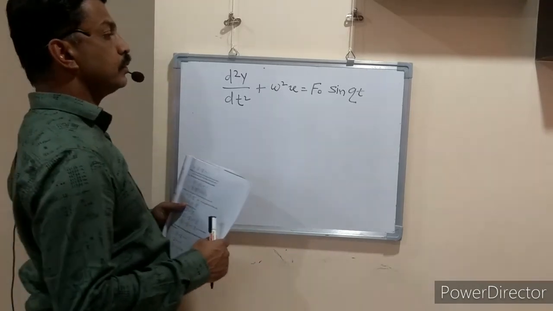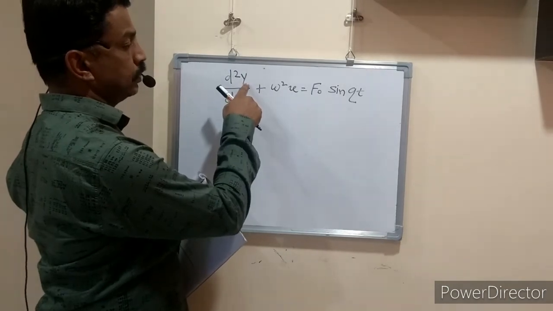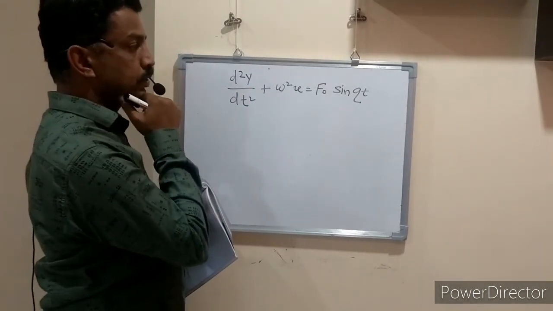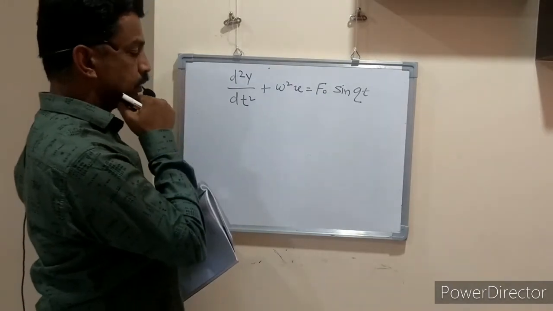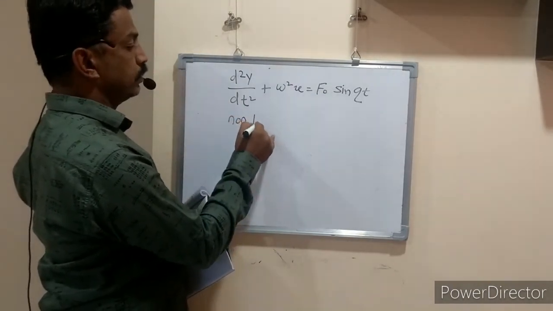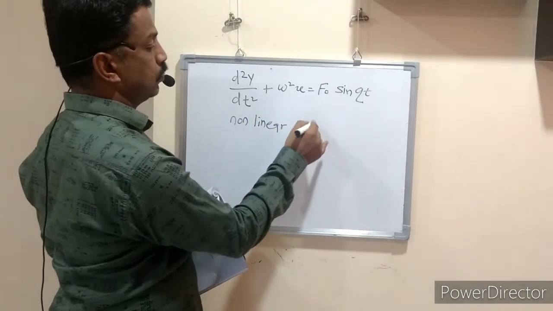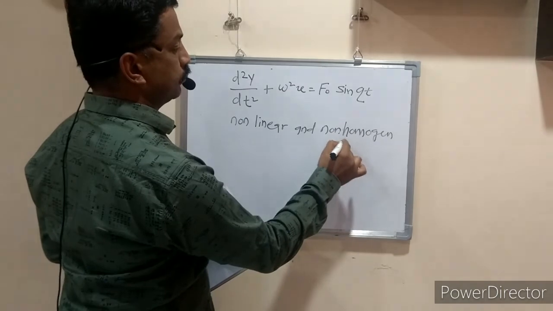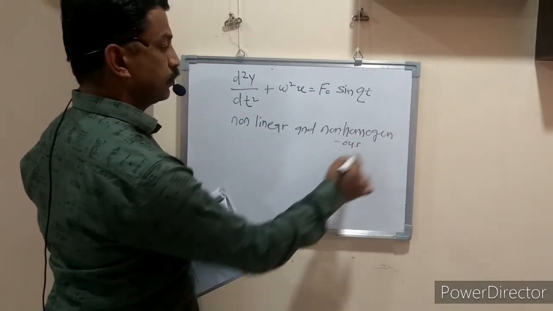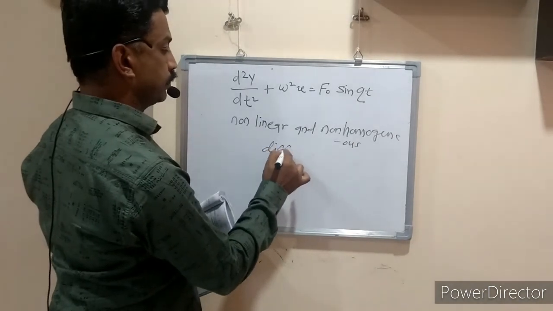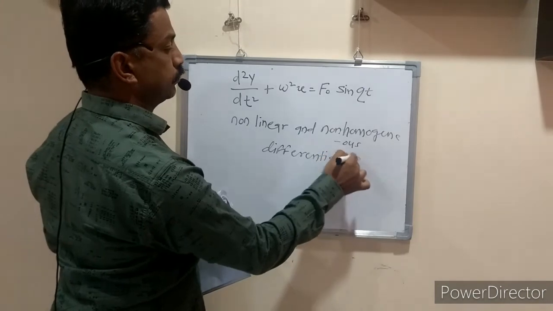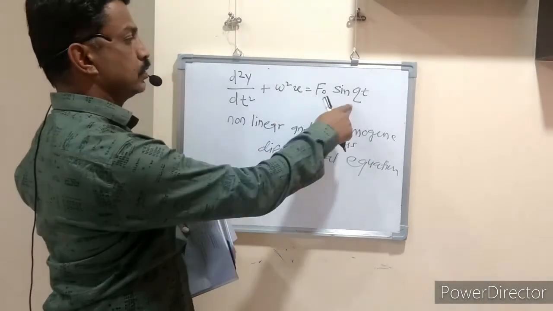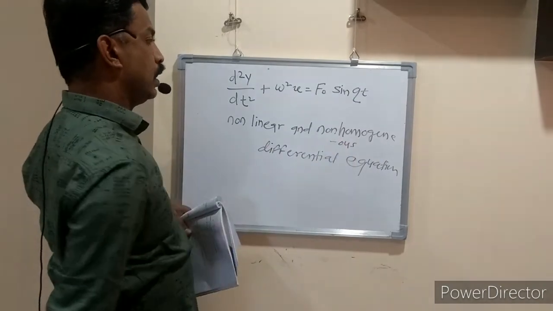Because the dependent term is not present in the right-hand term, so it is non-homogeneous. The term y is present here, but here it is not present, so it is non-homogeneous and non-linear.